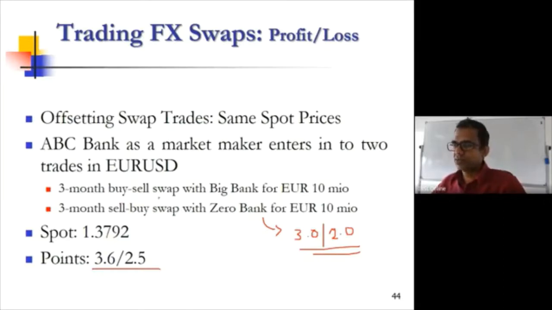We can come to a conclusion, but due to this reason, the market maker may incur a loss. But if the market maker does two transactions on the same bid and spot, one transaction on the bid side and one on the offer side, the profit is guaranteed. Whatever the spread is, that is the profit for the market maker.